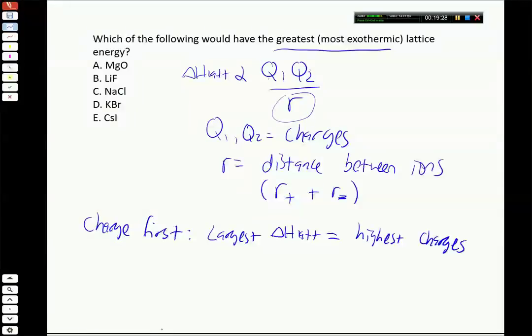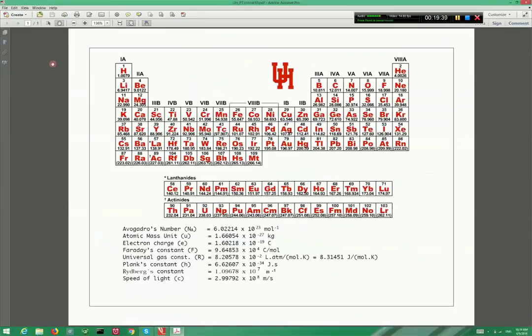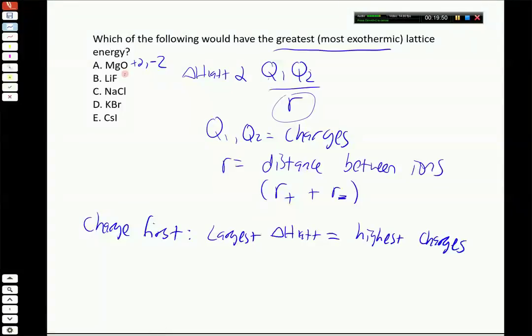So magnesium oxide is a +2, -2 ionic compound. And if you look at the rest of these, LiF, NaCl, KBr, cesium iodide, all of those are going to be +1, -1. They have lithium, sodium, potassium, and cesium, all +1 cations paired with fluoride, chloride, bromide, iodide, all of our -1 anions. So the rest of these all have the same charge of +1, -1.